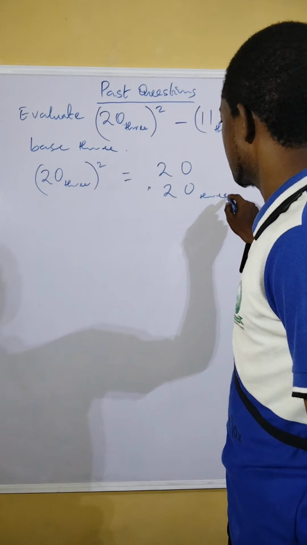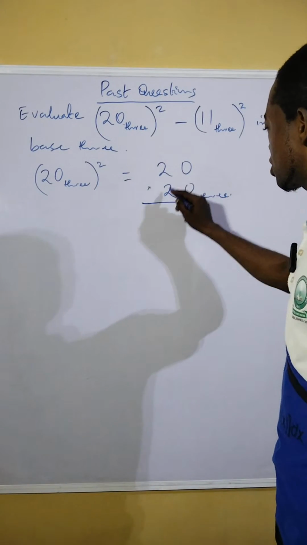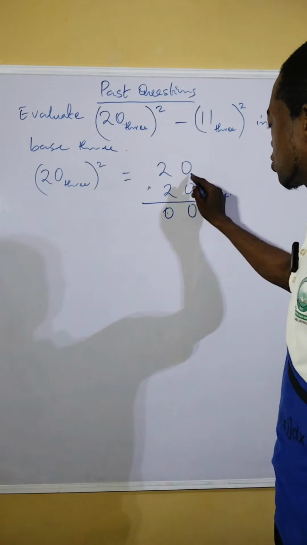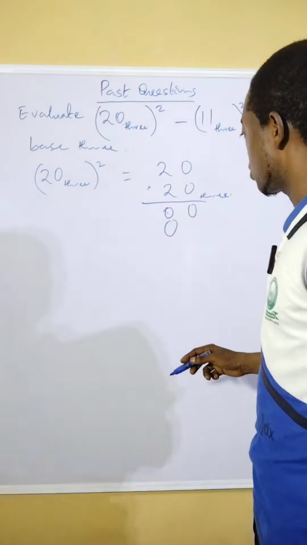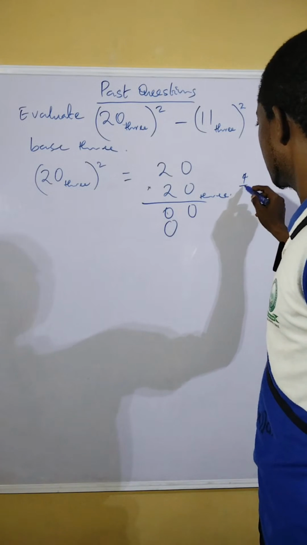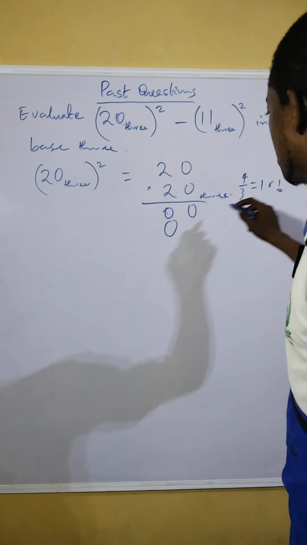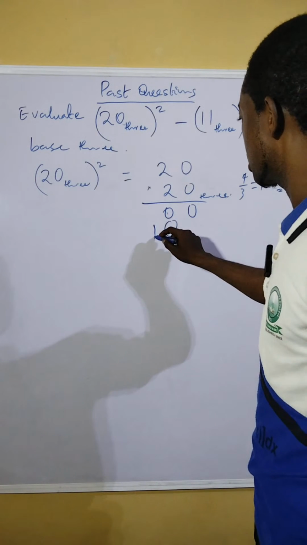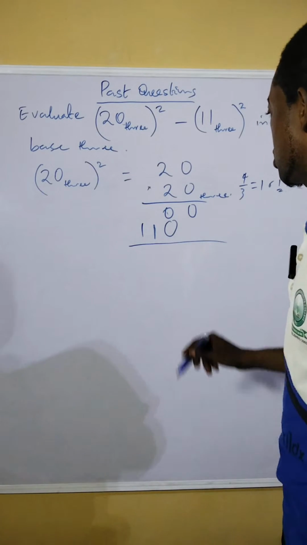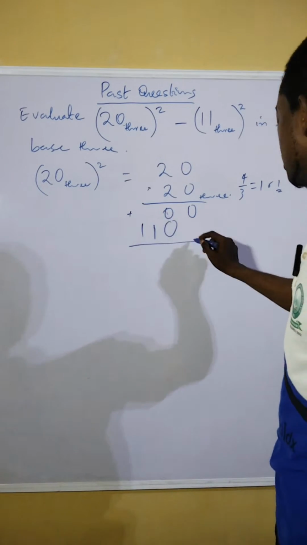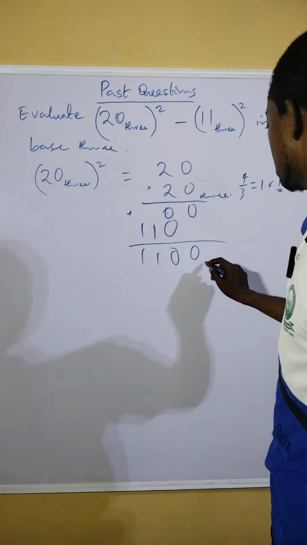So let's get this here. 0 times 0, 0. 0 times 2, that's 0. 2 times 0, 0. 2 times 2, that's 4. In base 3, divided by 3, that will be 1 remainder 1. So we write the remainder, also we carry the 1. So when we add this here, this will become 0, 0, 1, 1 in base 3.